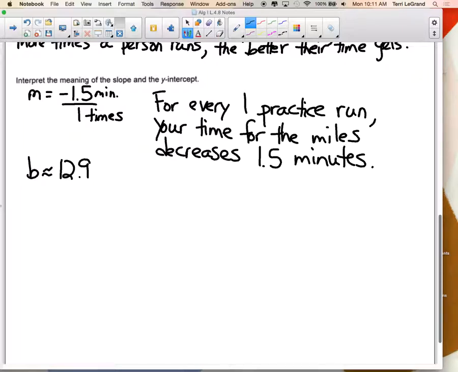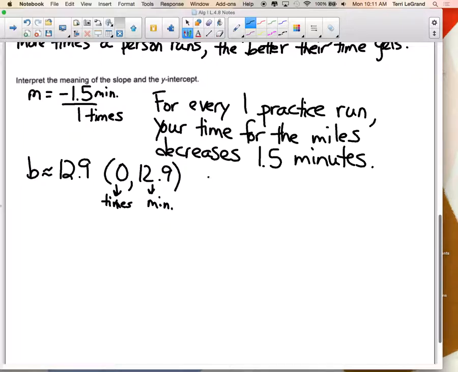Oh, yeah, because this is really ordered pair 0, 12.9, right? And this is 0, what? X. 0 times run. What's our x value again? Times running. Yeah, times, and the 12 9/10 is minutes, right? Okay, so what did you say, Austin?